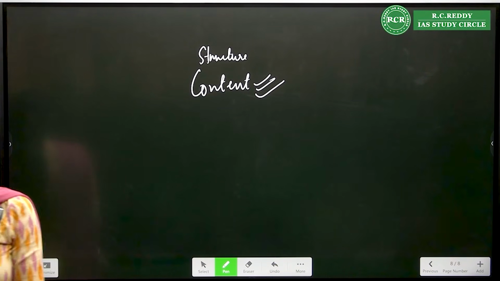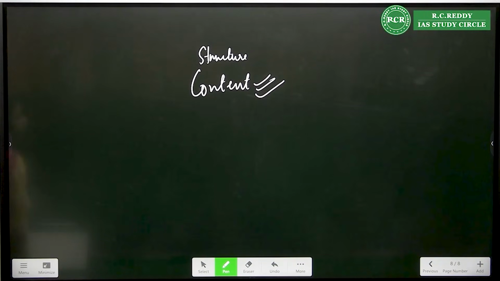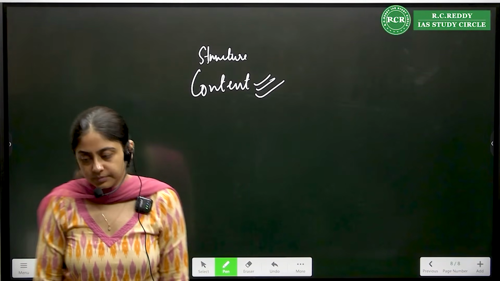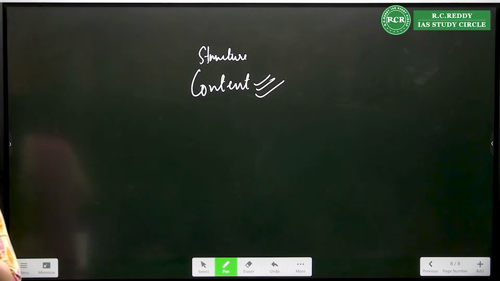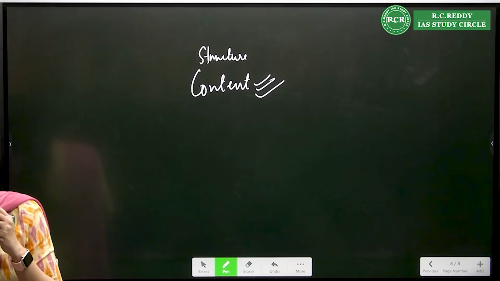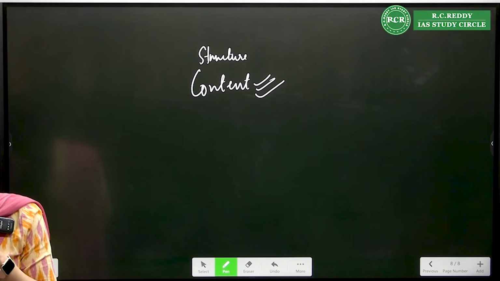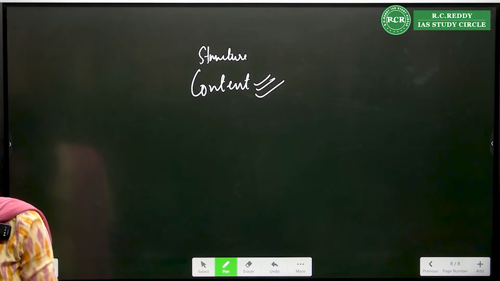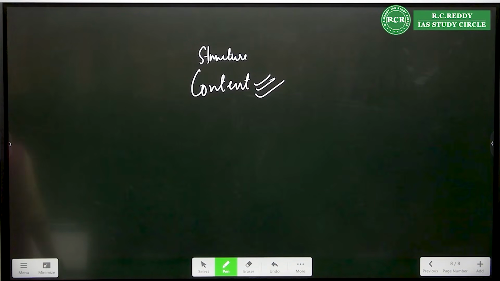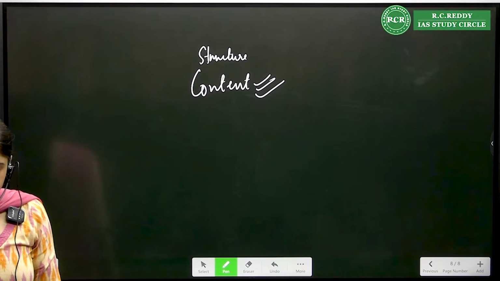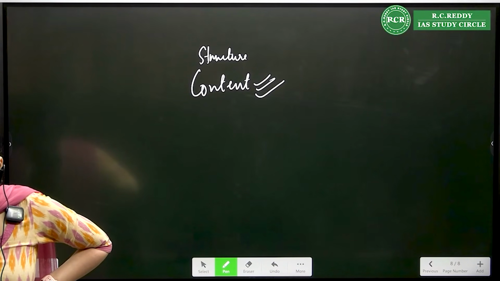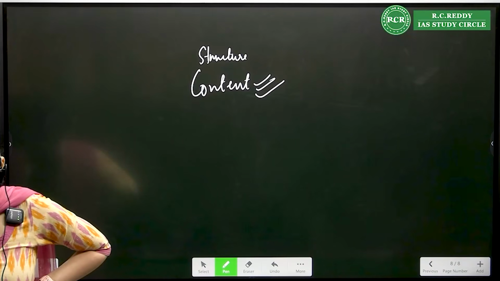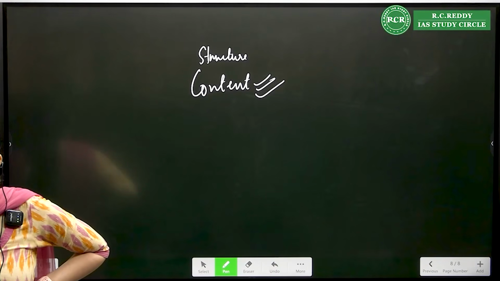Right now, do you agree that electoral reforms are key to cleansing Indian politics?